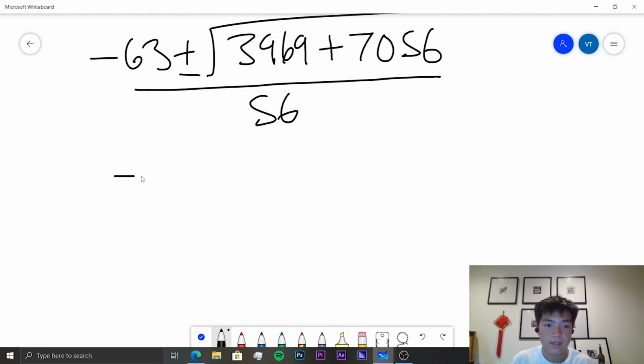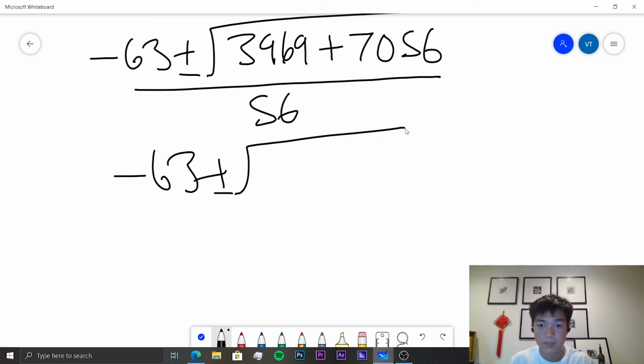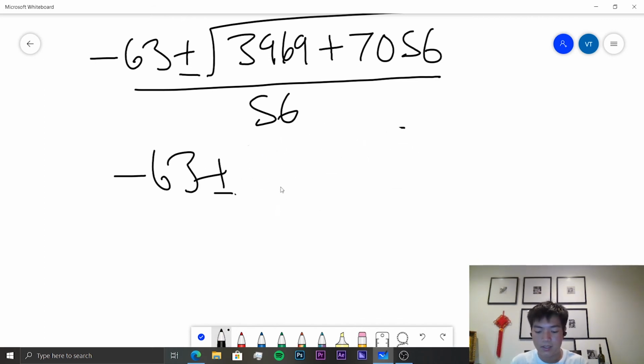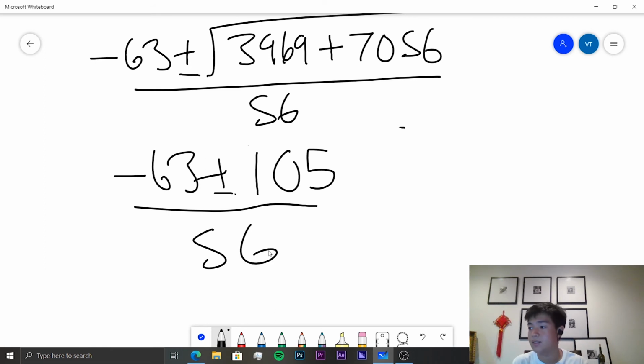So we have negative 63 plus or minus the square root of 11,025. It is a square number. So we have negative 63 plus or minus 105 divided by 56.